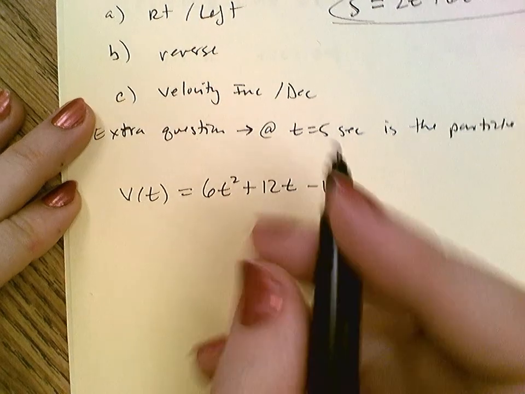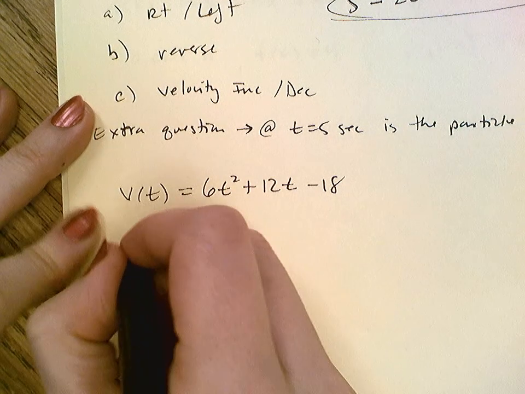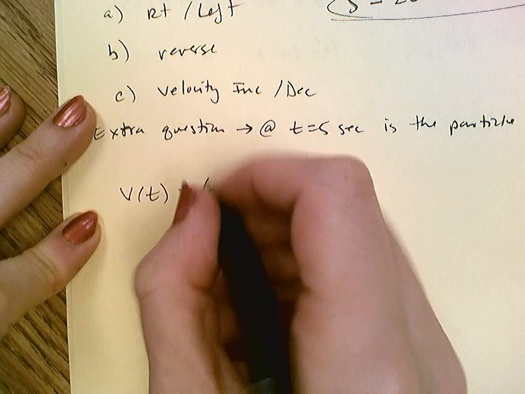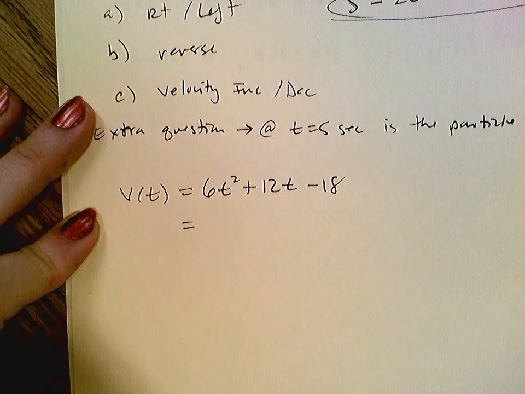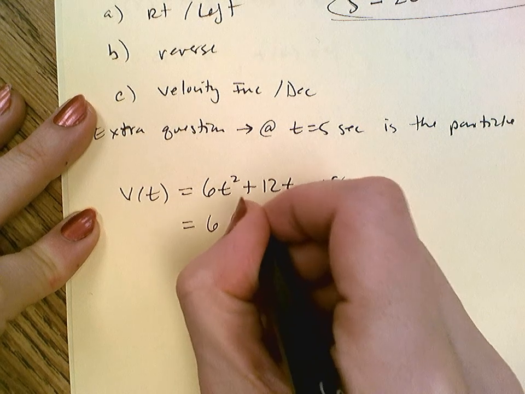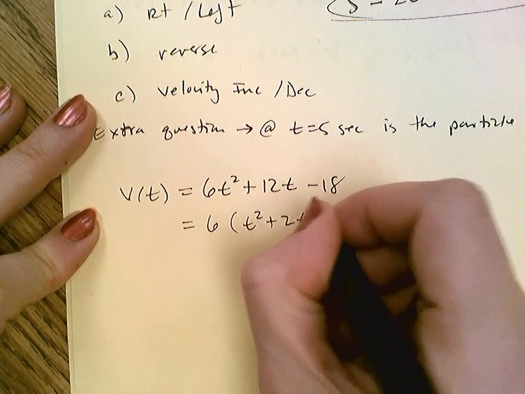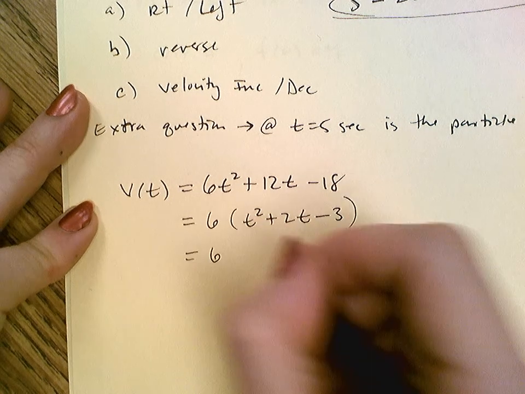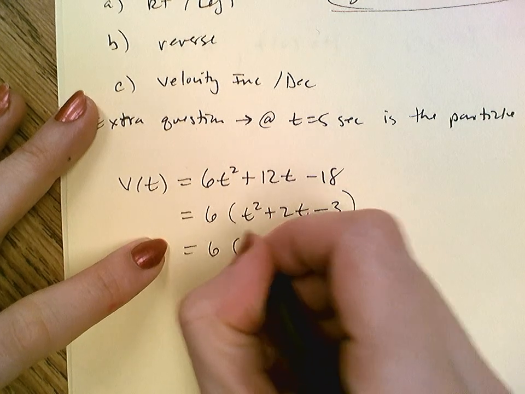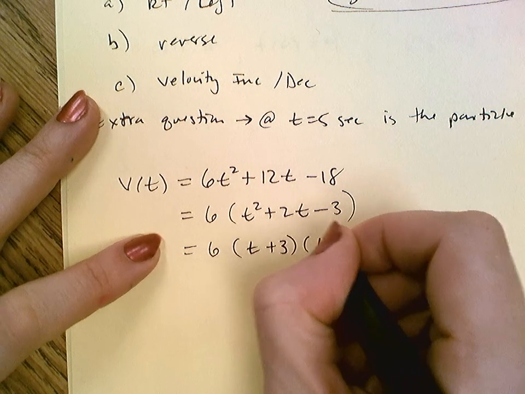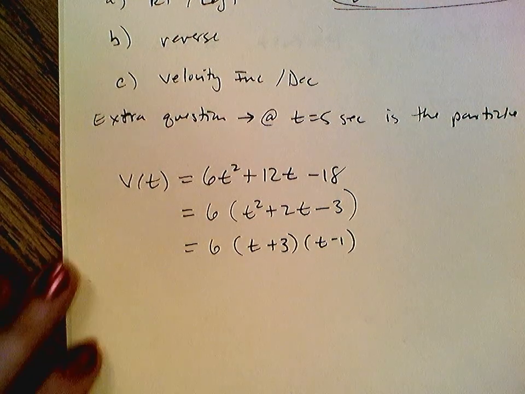So first you get the critical numbers by setting it equal to 0. Well, let me factor this because it's going to help to look at the factored form. So 6 times t squared plus 2t minus 3, that's 6 times t plus 3 times t minus 1.